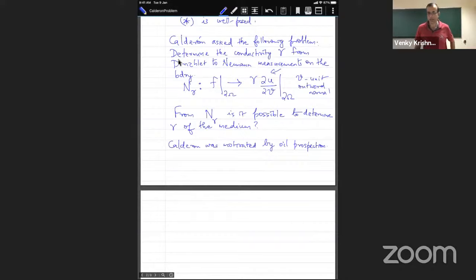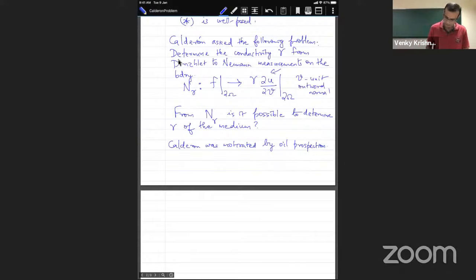Nowadays, I don't know if this is actually used for oil prospection, but it has found its use in a lot of other applications. One of them being mammography, lung cancer detection, and several others. It was also found as a potential thing in cloaking.